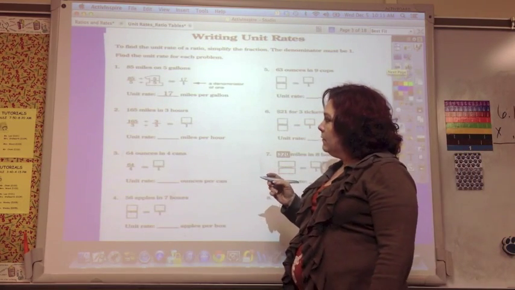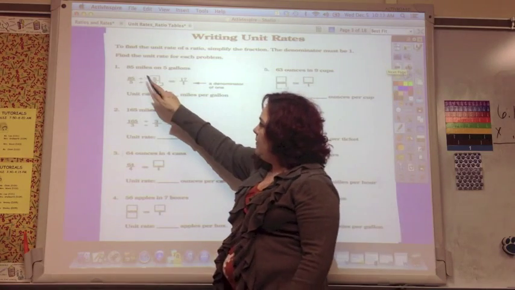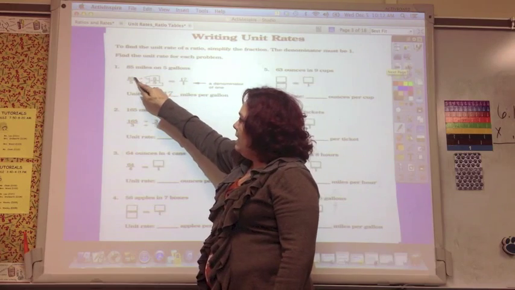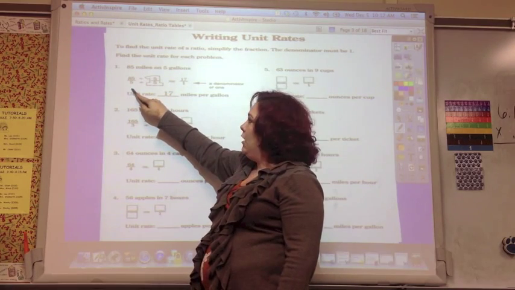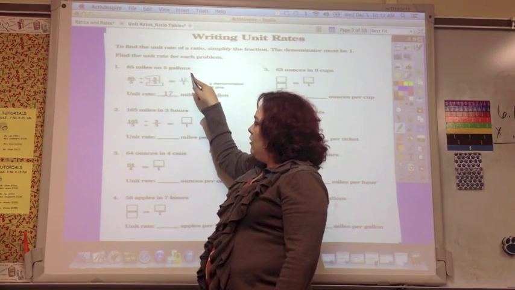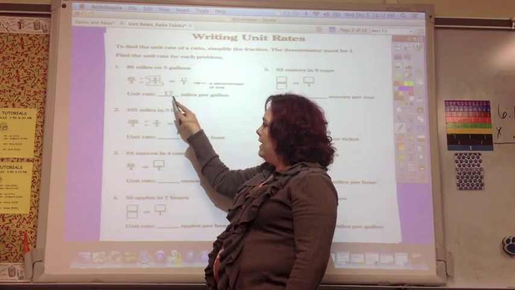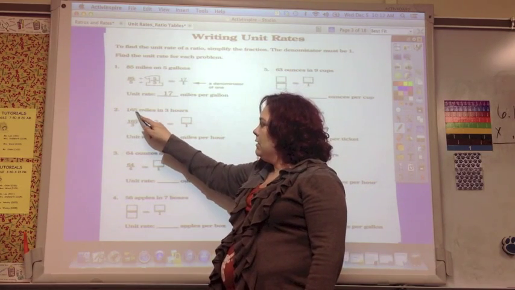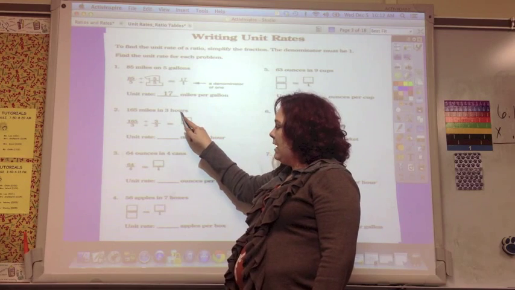So an example of this would be like 85 miles on 5 gallons. 85 to 5 would be your ratio. And then you divide by 5, and you get 17 to 1. So the unit rate is 17 miles per gallon. And then you have 165 miles in 3 hours.